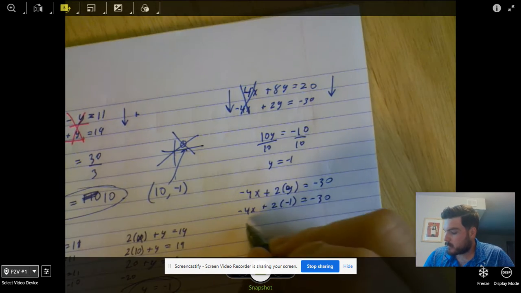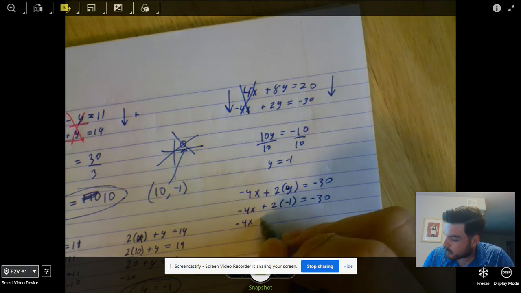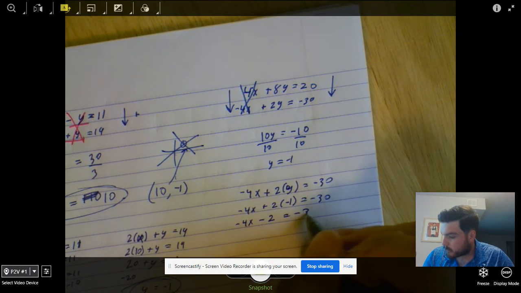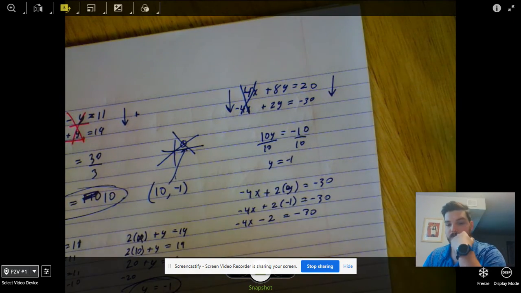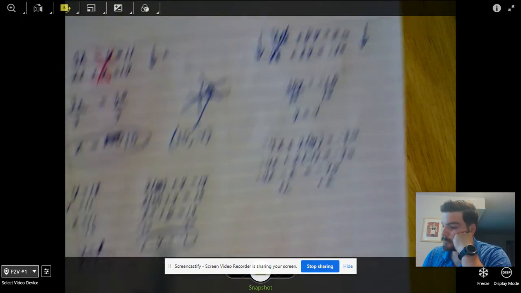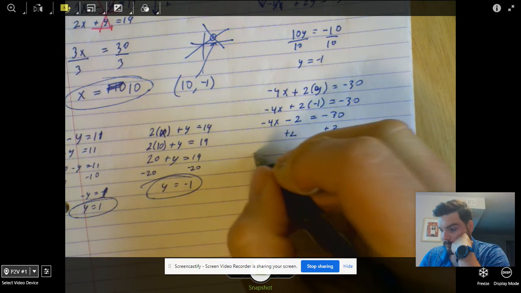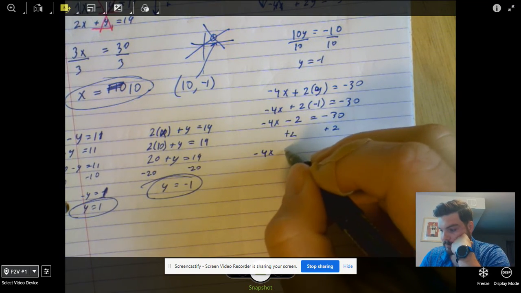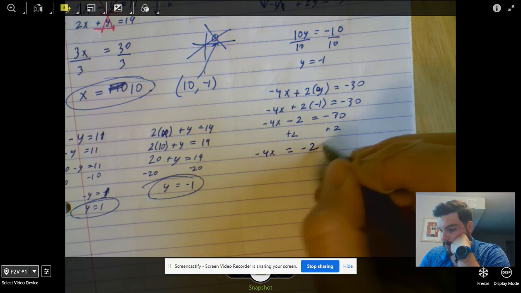Negative 2 times negative 1, so I get negative 4x minus 2 is equal to negative 30. I'm going to add my 2 across. Negative 4x equals negative 28.